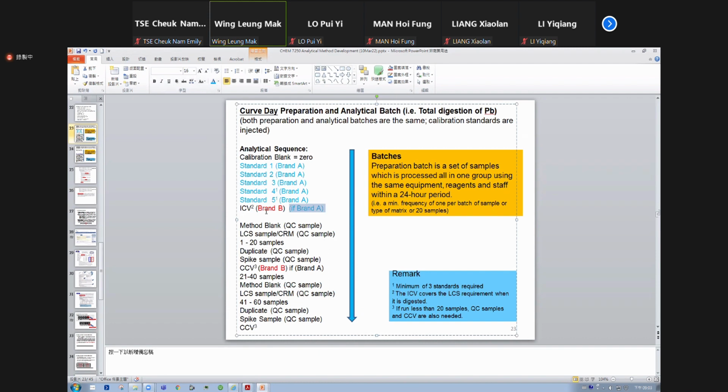But if you choose another brand, you have a chance to use brand B to verify whether brand A is correct or not.